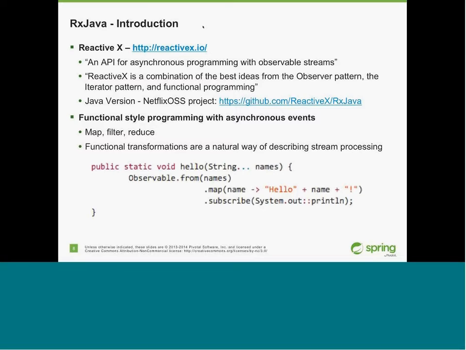And at the end, you can keep chaining methods together, map, maybe do another map, maybe do a group by. And here we show basically terminating the processing by using a subscribe method. In this case, it just prints out the string.